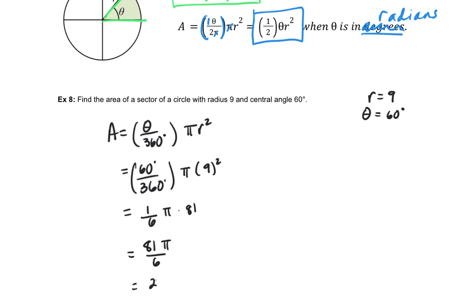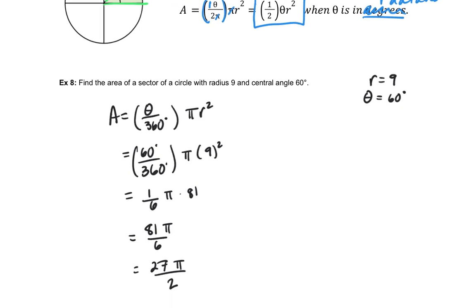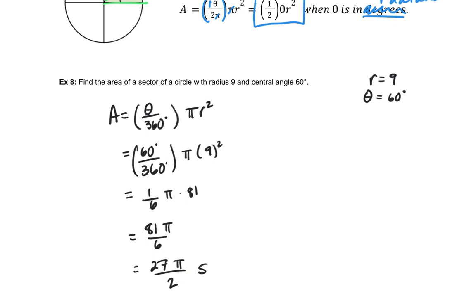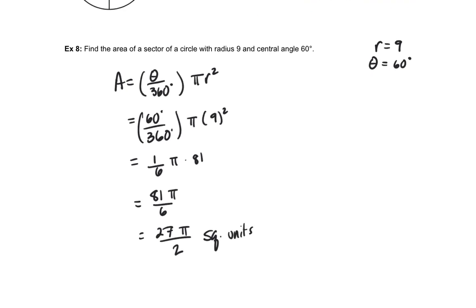So we would get 27 pi over 2. Now area, that is square units. And then if we wanted an approximation, we could just plug in an approximation of 3.14 for pi times 27 and divide all that by 2, and we would get approximately 42.4 square units.